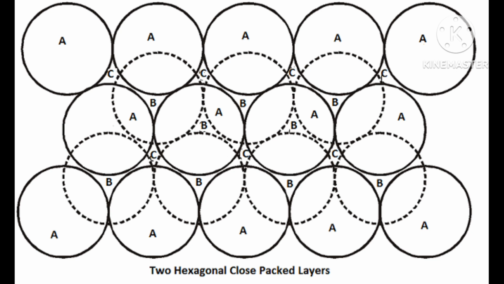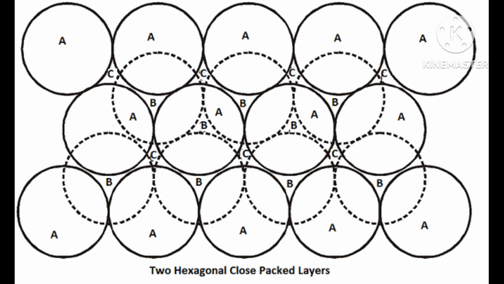Here you can see, for the tetrahedral void, T is used, correct. And another thing: two types of shape will be formed.